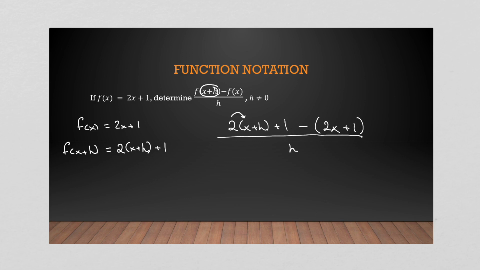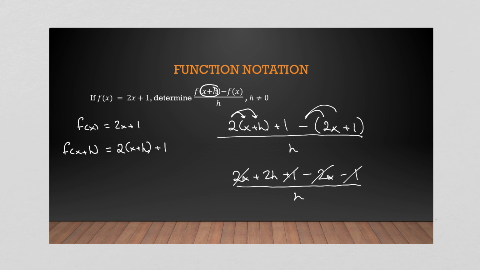So now this multiplies into here and into here, and you get 2x plus 2h plus 1, and then this multiplies into here and here, minus 2x minus 1, all over h. What you end up with is 2x minus 2x is 0, 1 minus 1 is 0. You end up with 2h over h. Now it doesn't matter what h is, as long as h isn't 0, because it would be in my denominator. Now the h's cancel, and we just get 2.